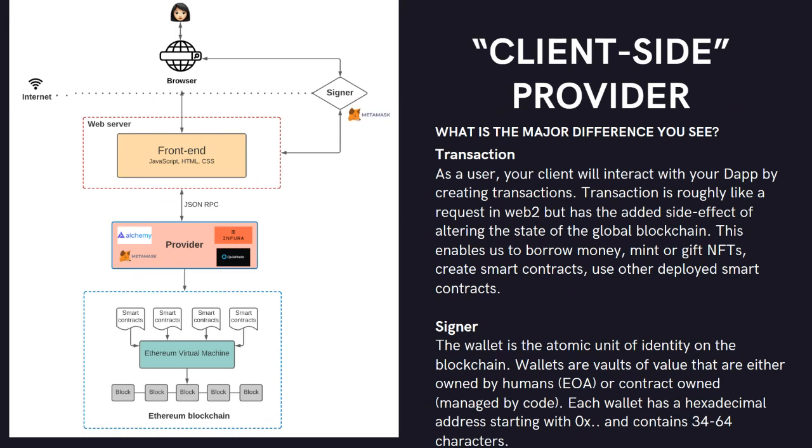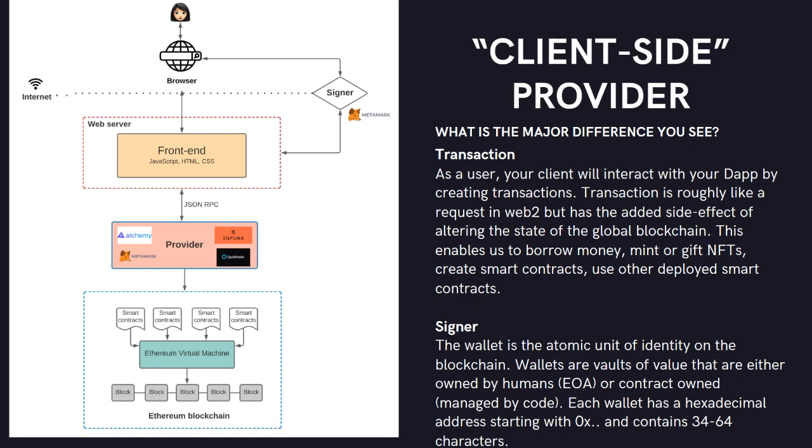Right. These wallets, as you can see, start with 0x, which are hexadecimal addresses essentially, and can contain a varying number of characters, from 34 to 64 characters. That is not important. One thing of importance that you should note is that the wallet or the vault of value can be owned by a human, which is called an EOA or externally owned account, or it can be a contract owned wallet, which is something that a smart contract may have.